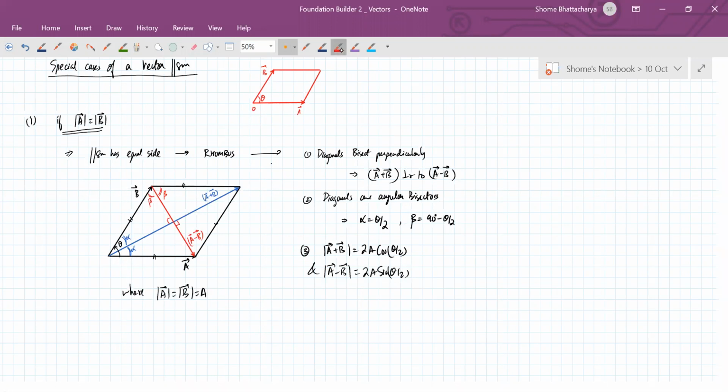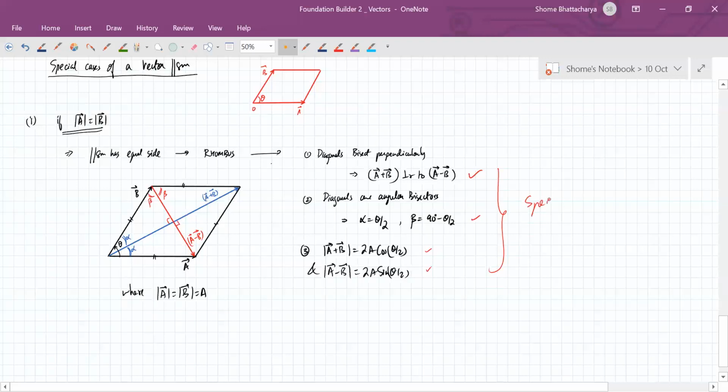Okay. So these three important properties, that this is perpendicular, these angles are like this, and these values are this, are for the special case when magnitude of A is equal to magnitude of B, and that is because the parallelogram in this case is a rhombus.